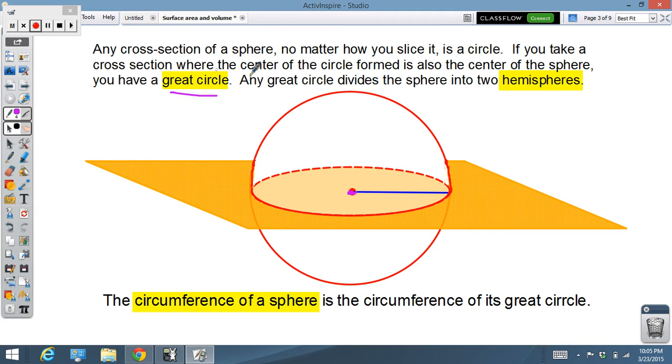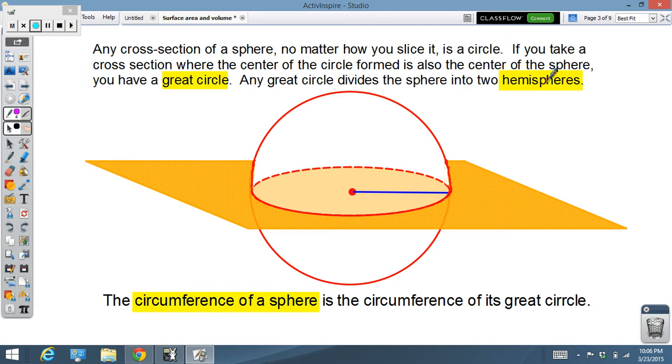So, if you take a cross section where the center of the circle formed is also the center of the sphere, you have a great circle. Of course, there's not just one. If I cut it this other direction, I would form a great circle that contains that center going around that way. It's harder to draw, so we're only going to look at this one great circle, realizing there are an infinite number depending on how I pass the plane through the sphere.